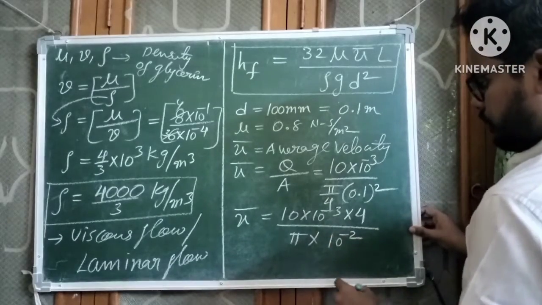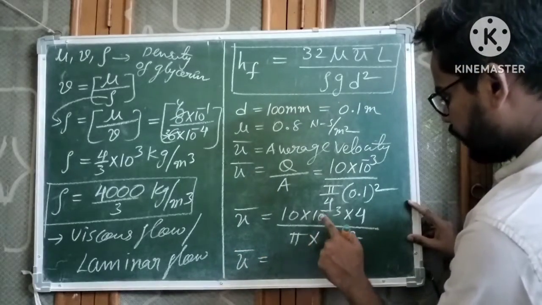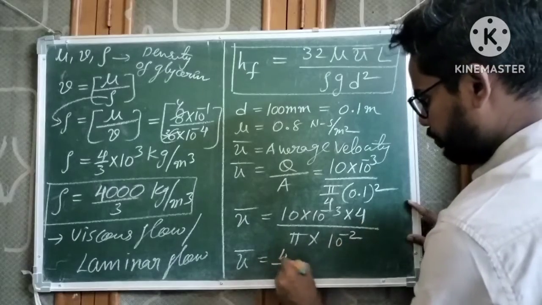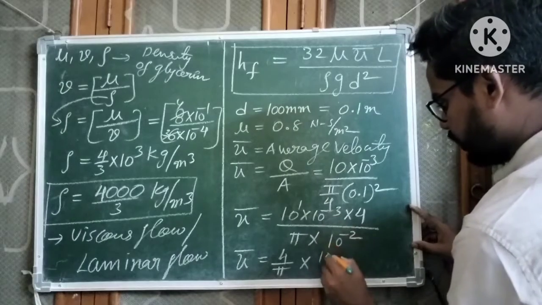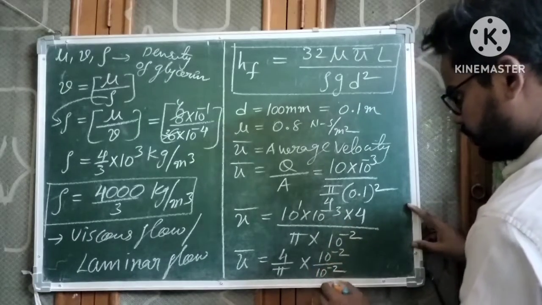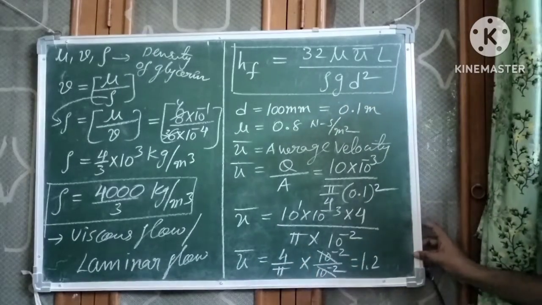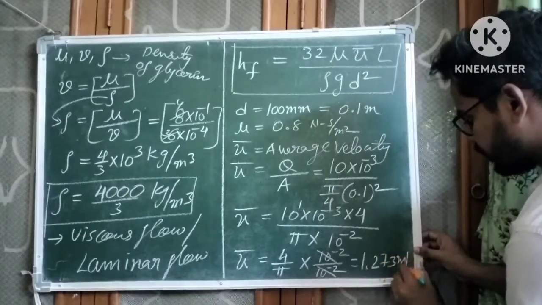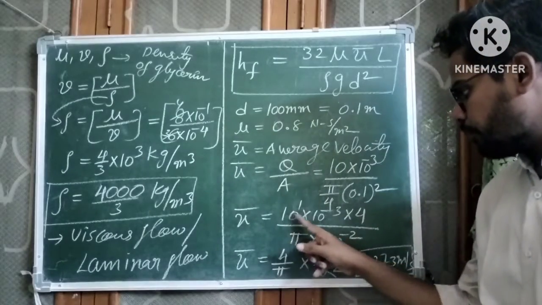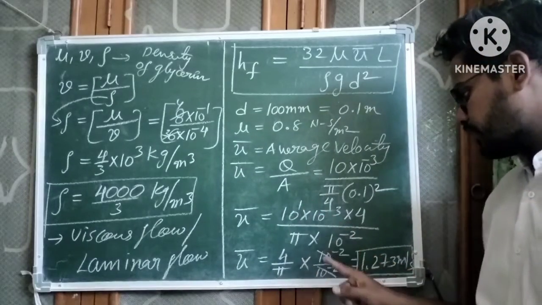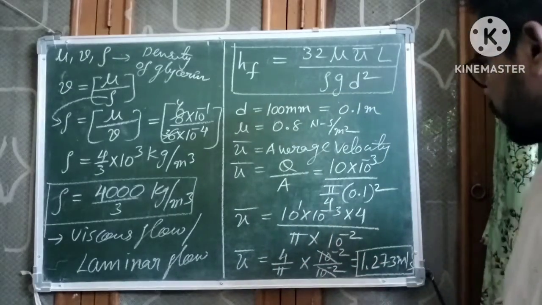So 4 by pi into 10 into 10 to the power of minus 3 by 10 to the power of minus 2, the 10 to the power of minus 2 terms get cancelled. See here, a power m into a power n is a power m plus n. 1 minus 3 means minus 2. You will get u bar as 4 by pi, approximately 1.273 meter per second.